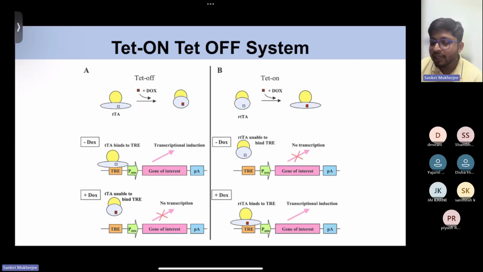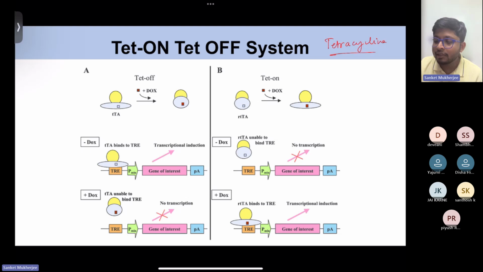Based on this Cre-LOXP system, we have the TET on, TET off system, where TET stands for tetracycline. Tetracyclines are a class of antibiotics. In a TET off system, whenever an antibiotic, for example doxycycline, which is a tetracycline antibiotic, is introduced into the system, the gene will stop expressing.